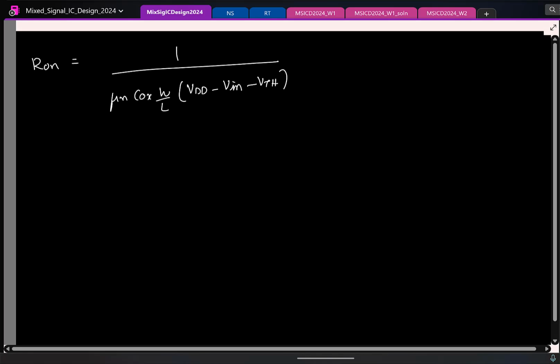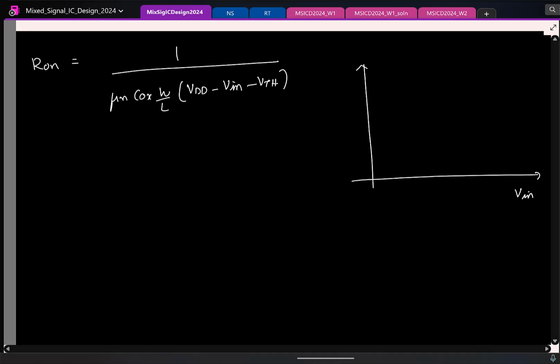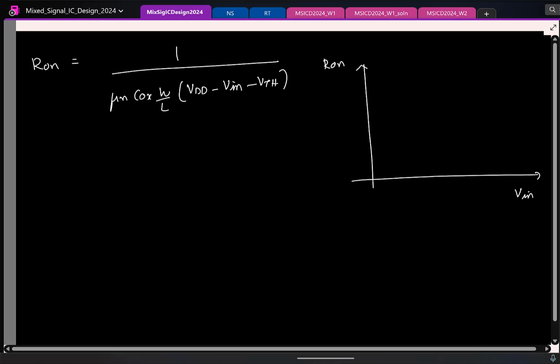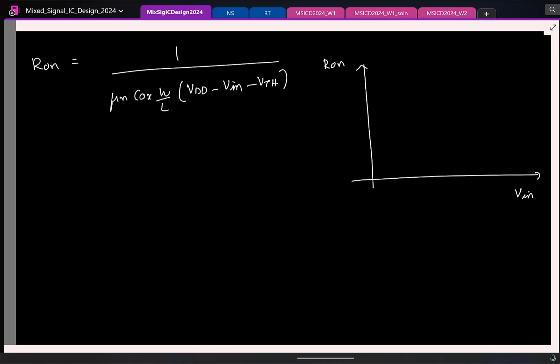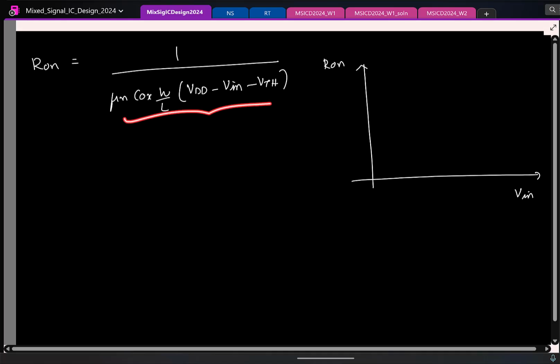right? If I sketch my on resistance as a function of input, how will it look? For let us say Vin equal to 0, it's going to be some number. As I keep increasing Vin, what happens?